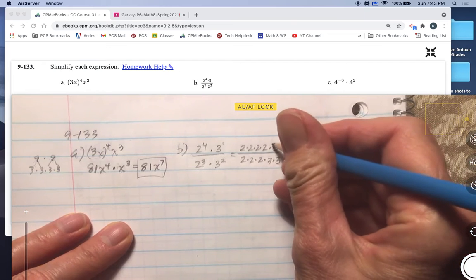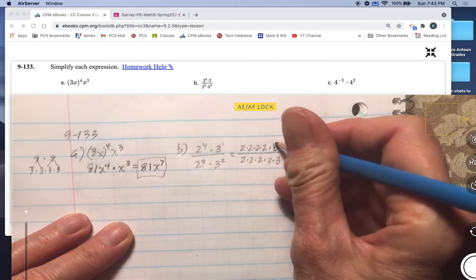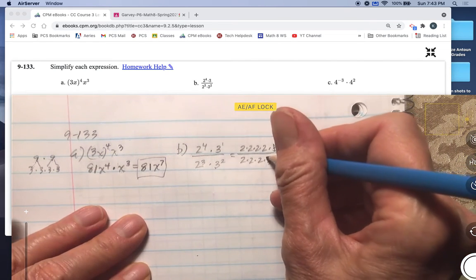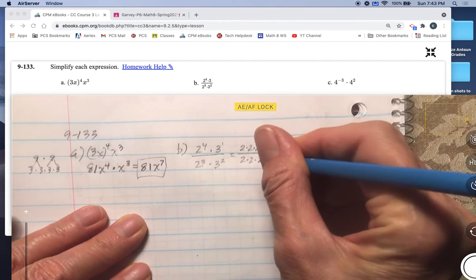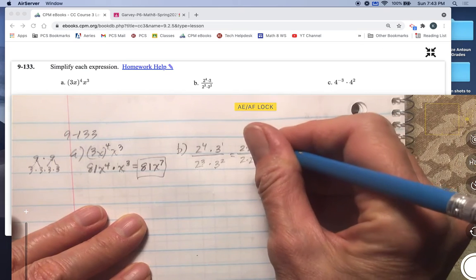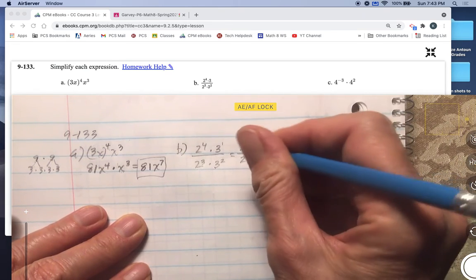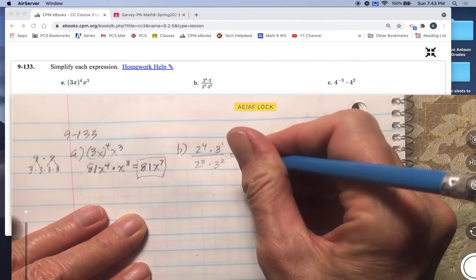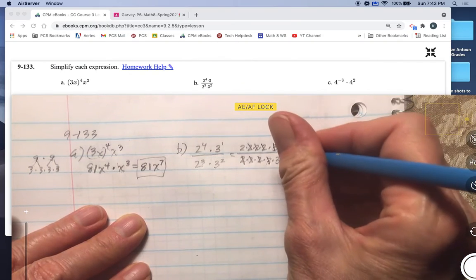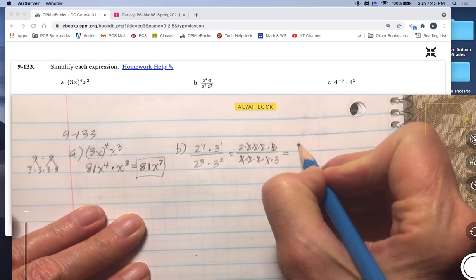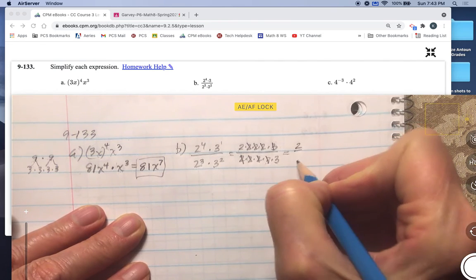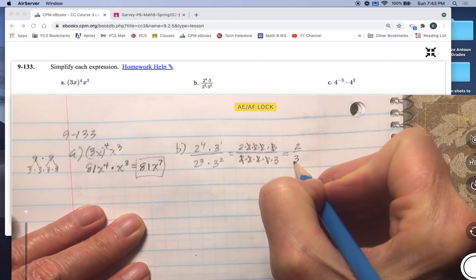And then if we take out our giant ones, 3 over 3 is a giant 1, 2 over 2 is a giant 1, here's another giant 1, 2 over 2, and 2 over 2 again. So it looks like what's left on top is a 2, and in the denominator is a 3.